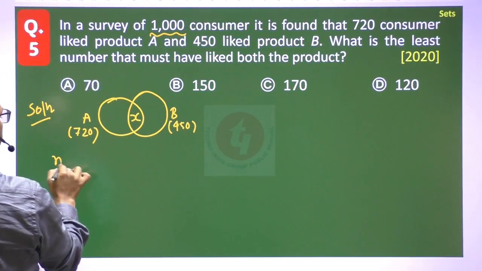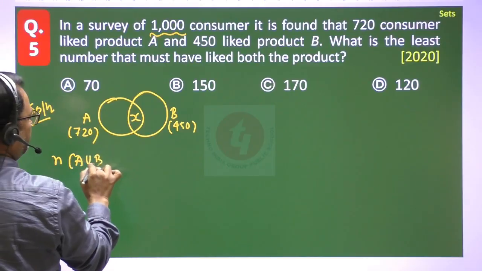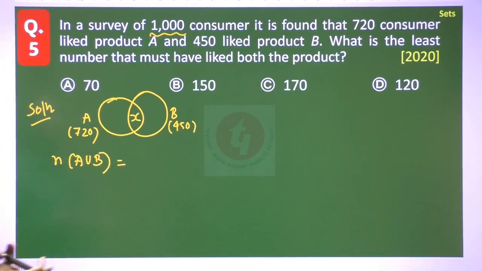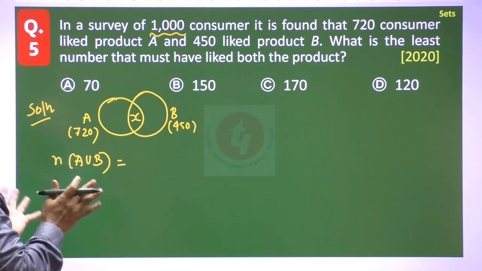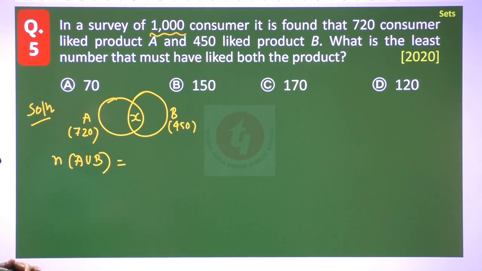So we can write n of A union B, because here there is no other option, either you like A or you like B or you like both. There is no option that you don't like anything, neither like A nor like B, this kind of option is not present. Therefore A union B will be the universal set.